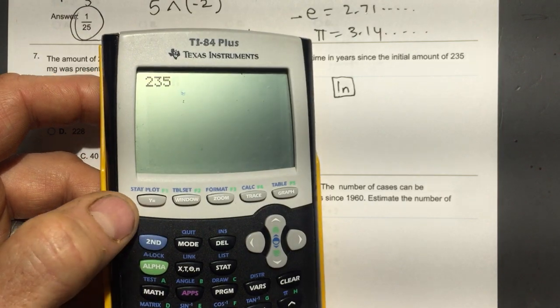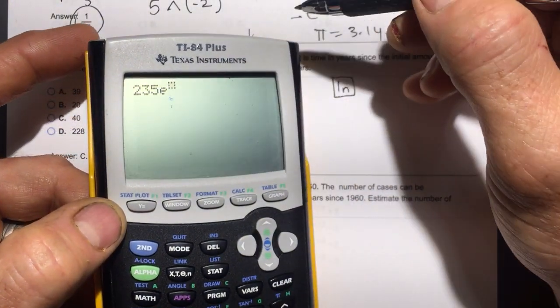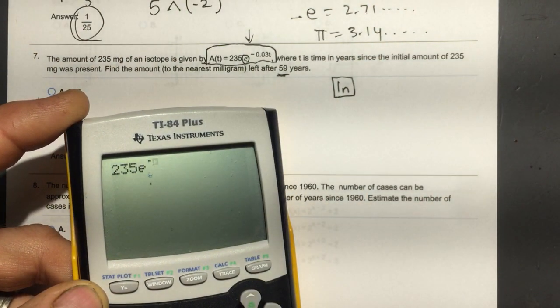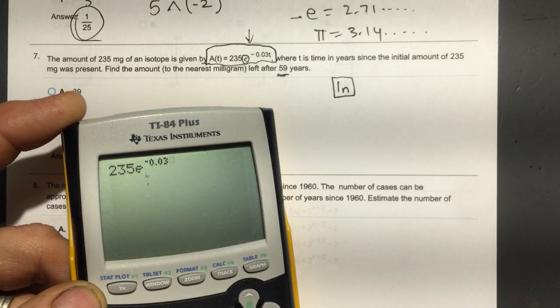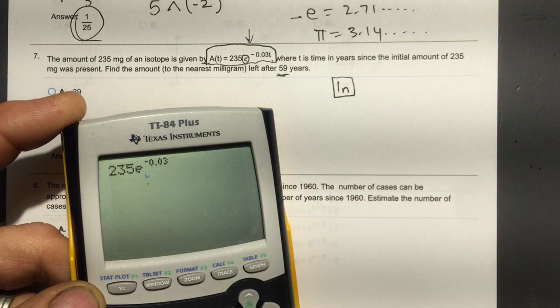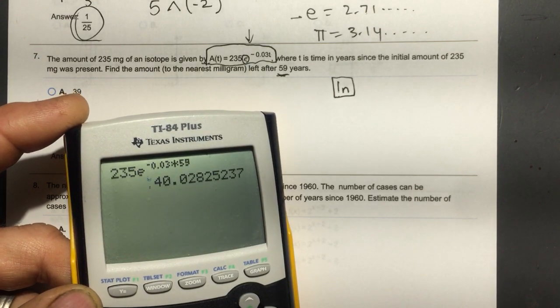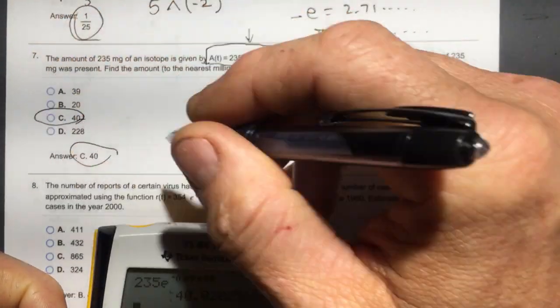I'm going to hit Shift and then hit the LN button, and there's my E. And then it's in the exponent, so all I do is I do this negative 0.03, and then T is my years in 59, so I'm going to times by 59. And then there you go, 40.028. So the answer is C, 40.